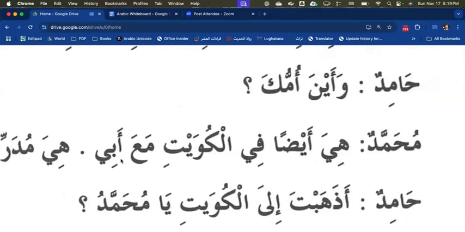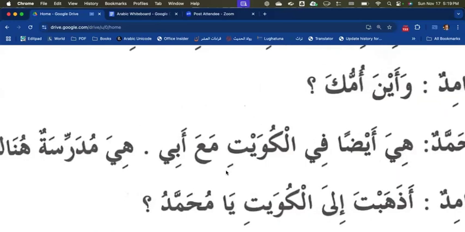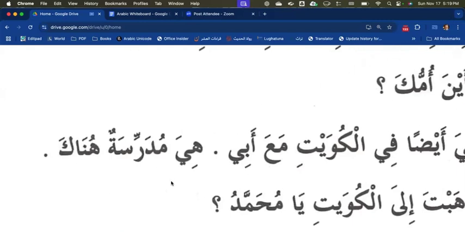Wow, look at that. She is also in Kuwait with my father. She is a teacher over there. Is everybody following? Surya? Okay.